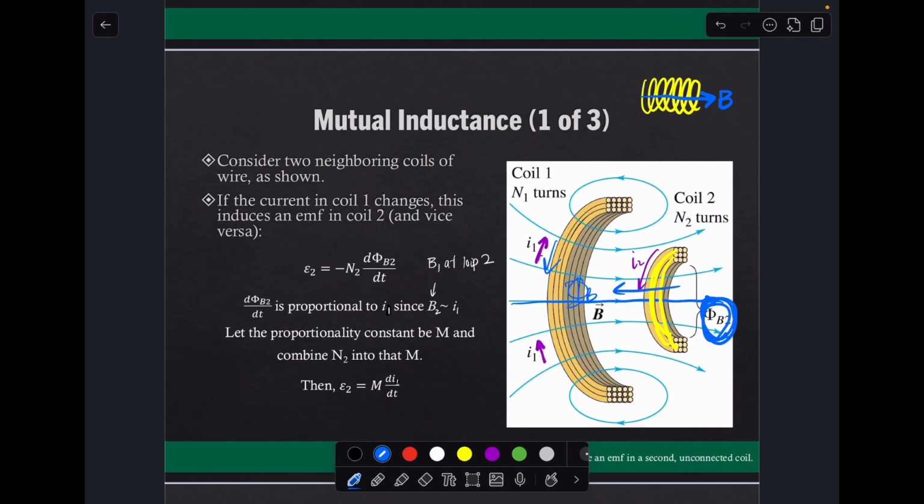So we already know how to figure out what I2 is. We figure out I2 by using Faraday's law. Faraday's law says that the voltage in the circuit through coil 2 is equal to the number of turns of coil 2 times the change in flux through coil 2. All right, that's Faraday's law.